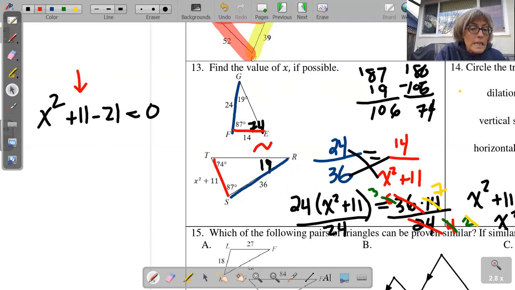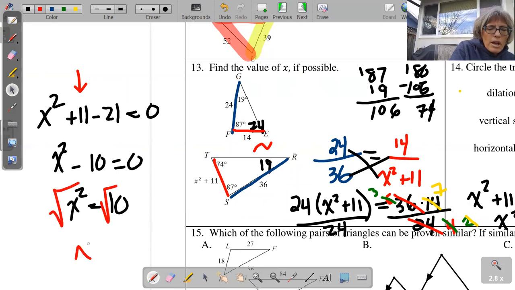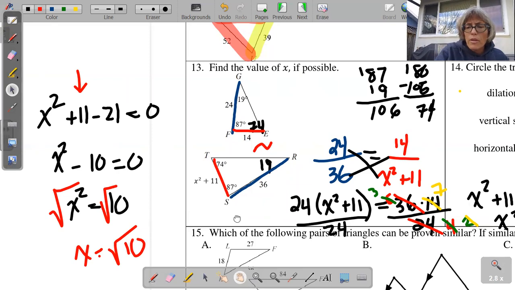And you might need to use the quadratic equation for this. Or, hang tight, let me check. X squared plus, that's simply going to be, not plus, excuse me, minus 10 equals 0. X squared equals 10. And square root, so x equals the square root of 10. That's a legitimate answer. You can't go any farther than that.